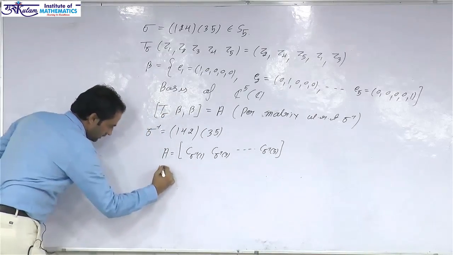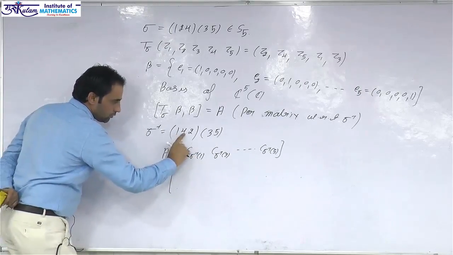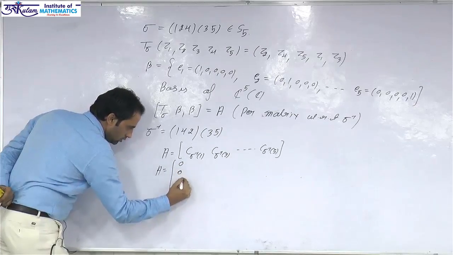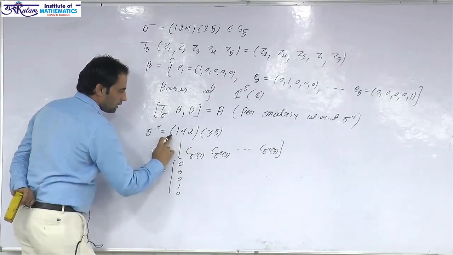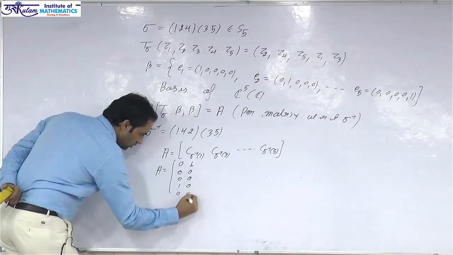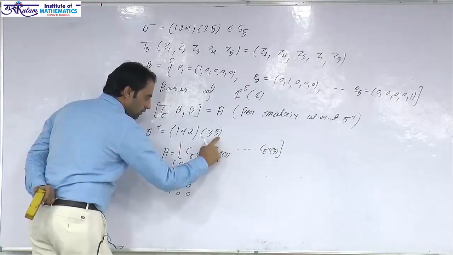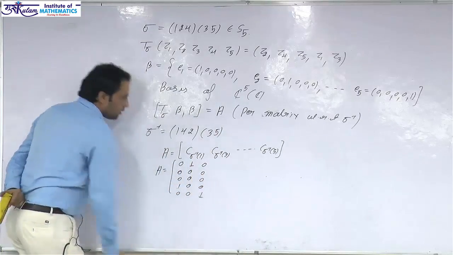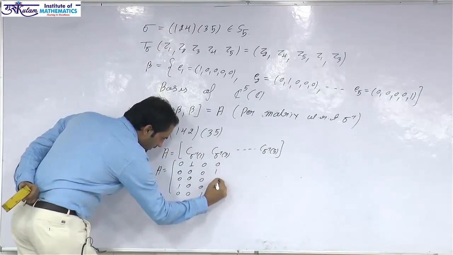Sigma inverse 1: the image of 1 is 4, that is the fourth column of the identity matrix, which is 0 0 0 1 0. Sigma inverse 2 is 1, that is the first column of the identity matrix, which is 1 0 0 0 0. Sigma inverse 3 is 5, so the fifth column of the identity matrix. Sigma inverse 4 is 2, the second column of the identity matrix.